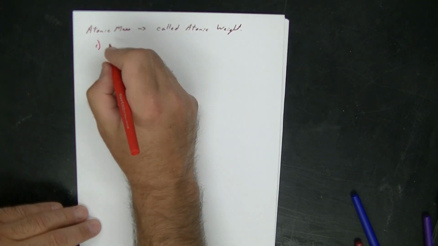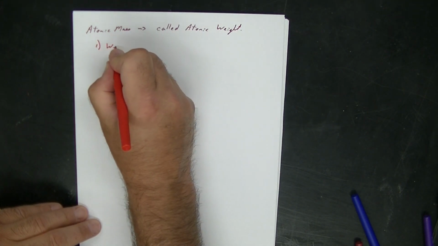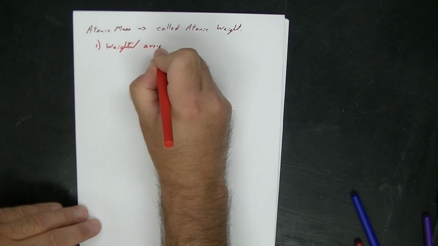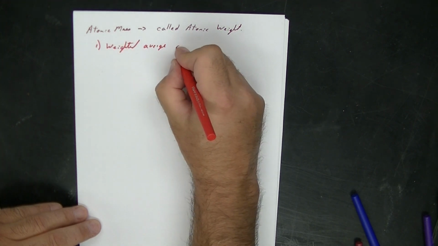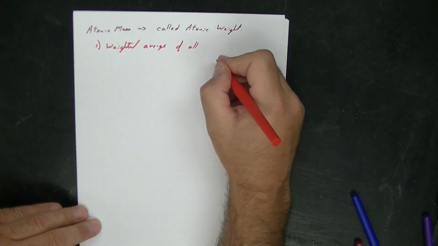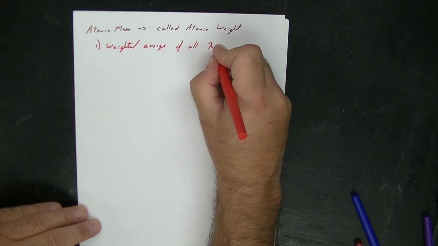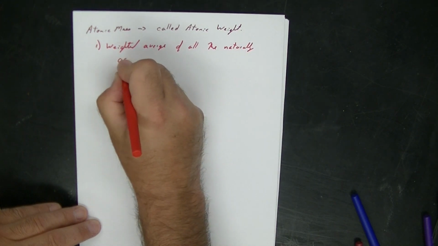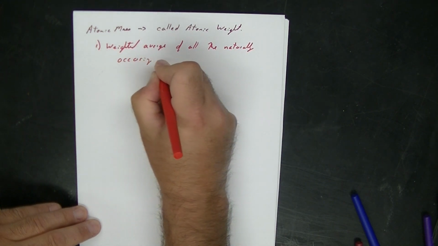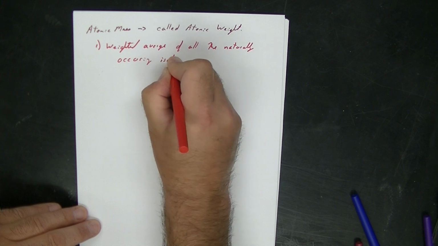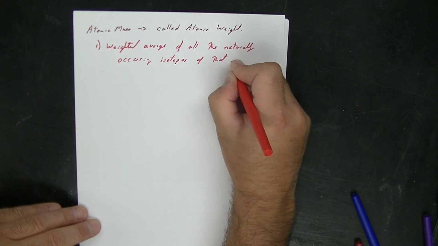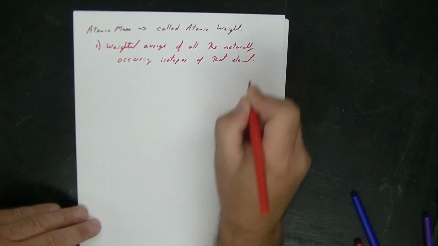And the atomic mass is the weighted average of all the naturally occurring isotopes of that element.